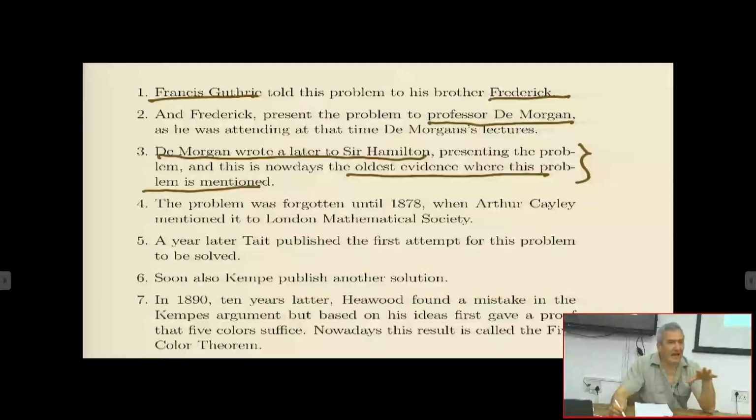And then nothing happened until 1878, yes, when Arthur Cayley, at some meeting, the London Mathematical Society meeting, I write it, conference, workshop, whatever, mentioned the problem, and then the thing started becoming popular.